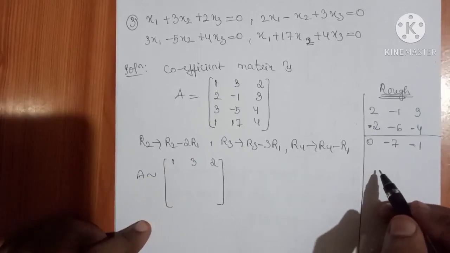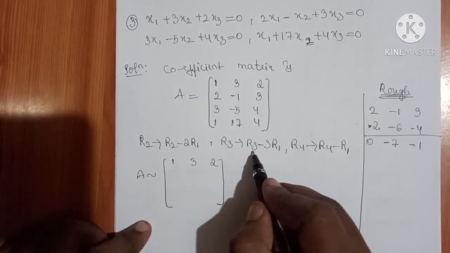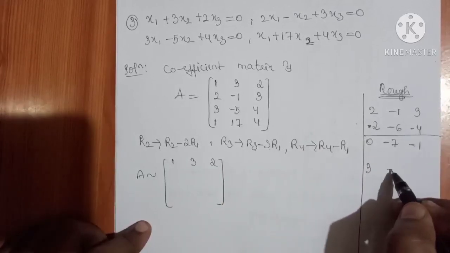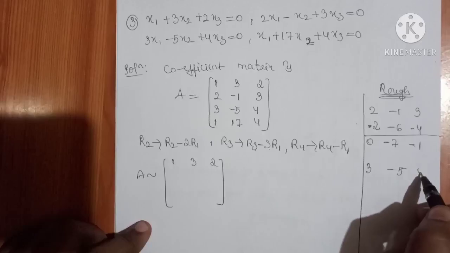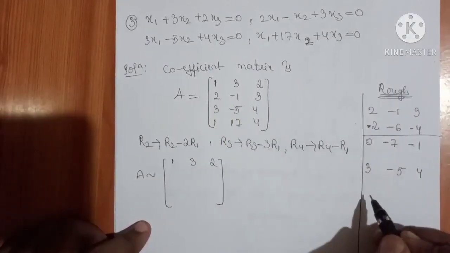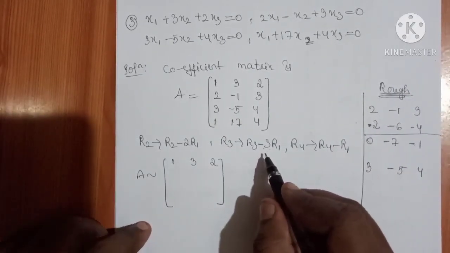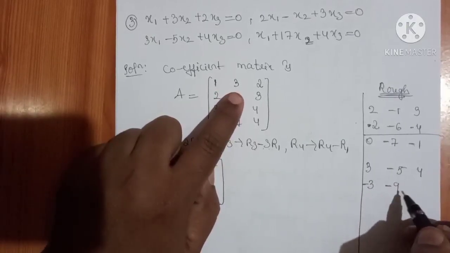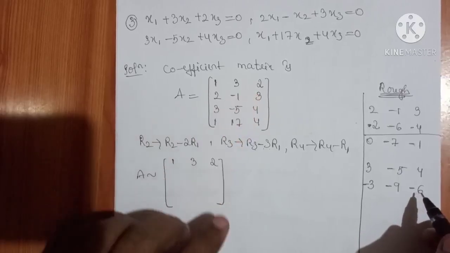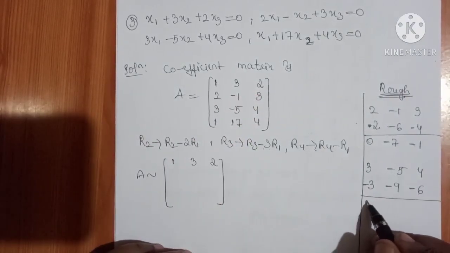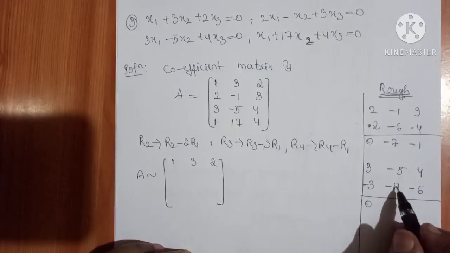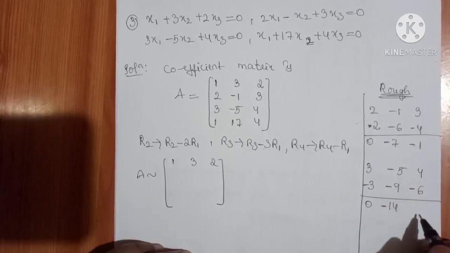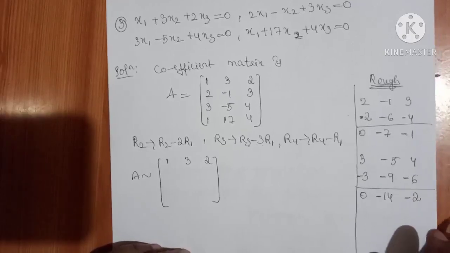Next, R3 minus 3 into R1. R3 elements are 3, minus 5, 4, and minus 3 into R1: minus 3 into 1 equals minus 3, minus 9, minus 6. So we get 0, minus 14, minus 2.